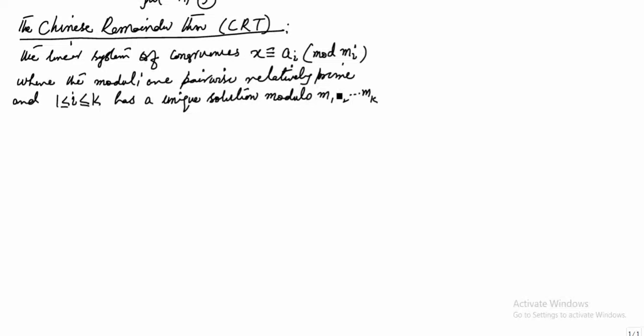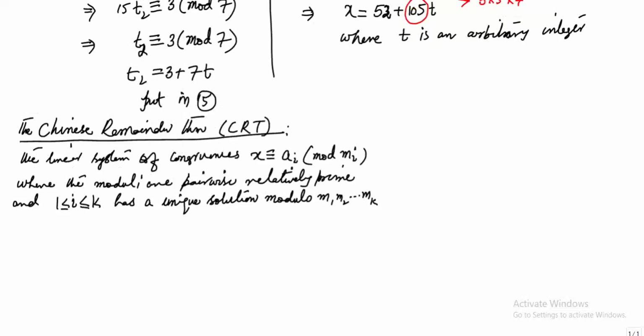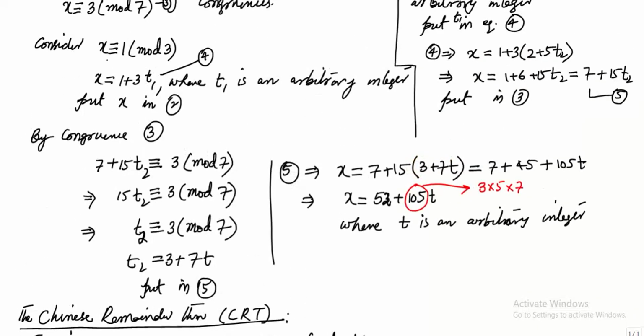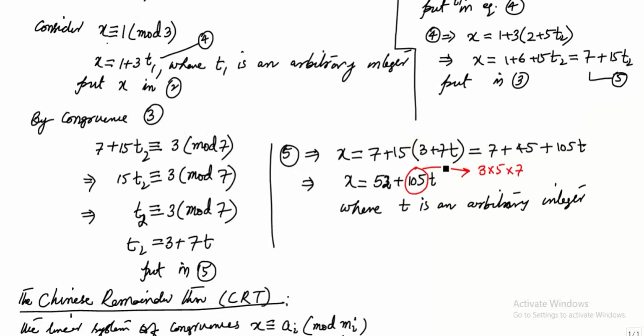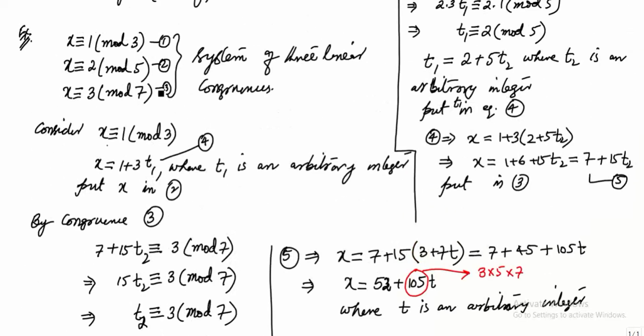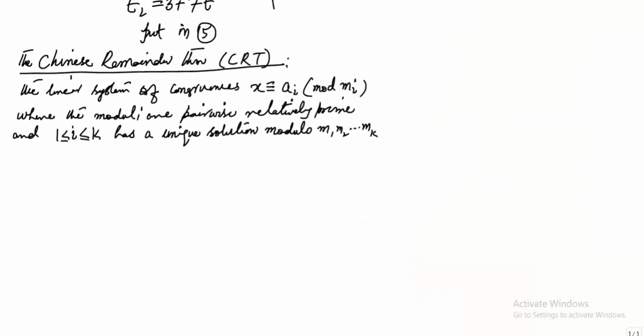Okay, so if you look at the solution of the previous system of linear congruences, here we have a solution modulo 105, which is the product of all moduli here. Because these are all primes, they are pairwise relatively prime as well, meaning their pairwise GCD must be equal to 1.